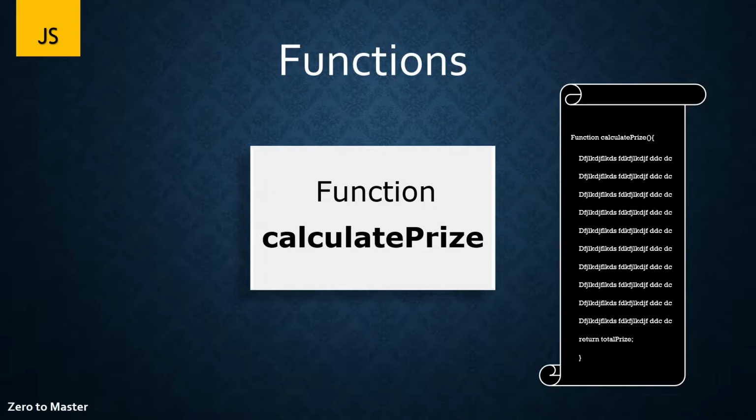But to be honest, we really do not care about all of this algorithm, and that's why we just write it once, and anytime we need it, we simply invoke calculate price at any point where we want it to actually calculate the price. We can do that multiple times instead of repeating all of this body of code in every part of our application where we want prices to be calculated. This is what a function is basically.